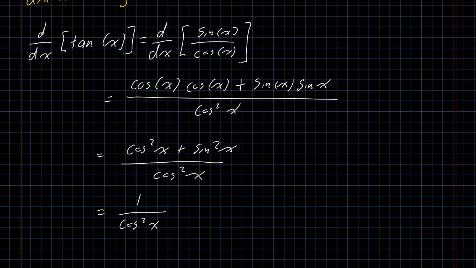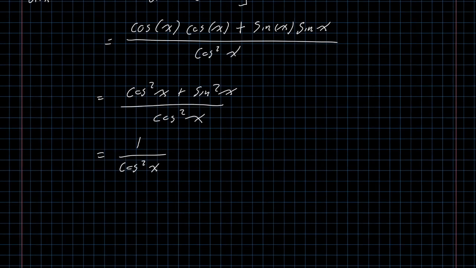Now, thinking through identities a little bit further, the reciprocal identity tells us that the reciprocal of cosine is secant. So the derivative of the tangent of x is secant squared of x.